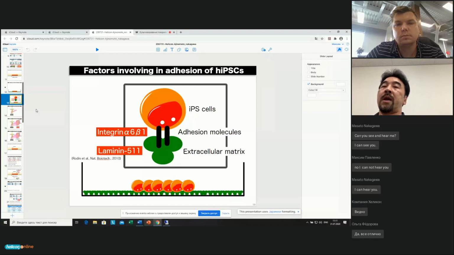This integrin and laminin binding is very strong. Also, using recombinant laminin 511 proteins, they could maintain human pluripotent stem cells well.